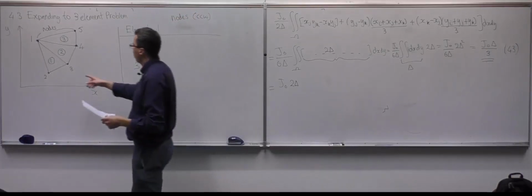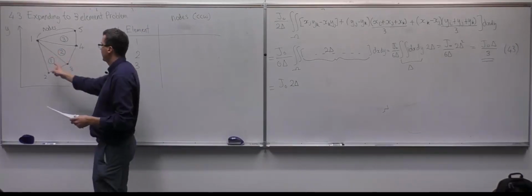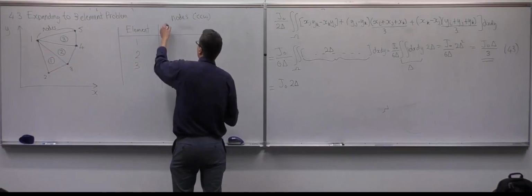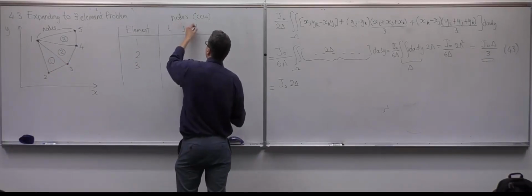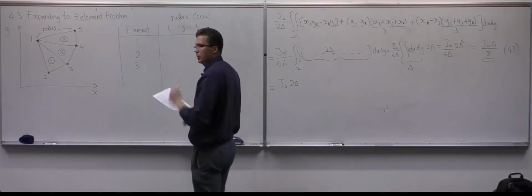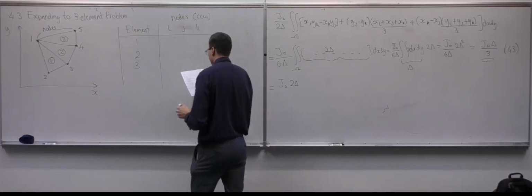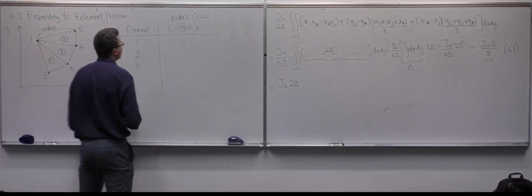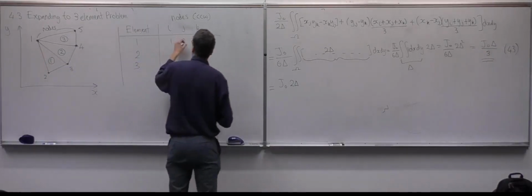So in this case, they're being defined as counterclockwise. So there'd be node I, J, and K, like what we talked about with the single node, but now we have 3. So element 1 has nodes 1, 2, and 3. So it's just 1, 2, 3.